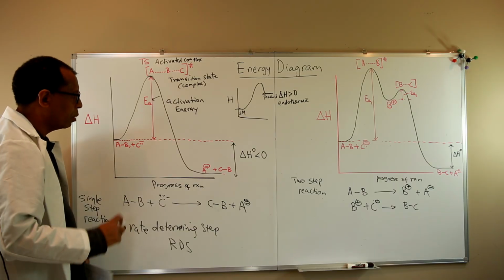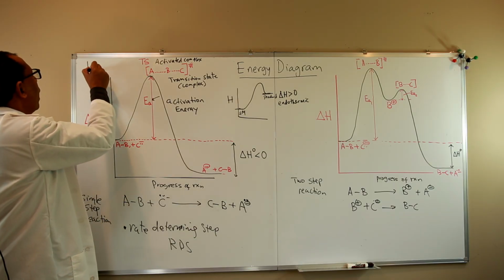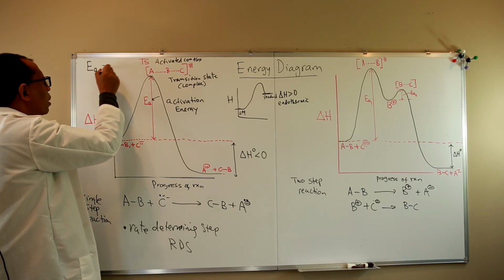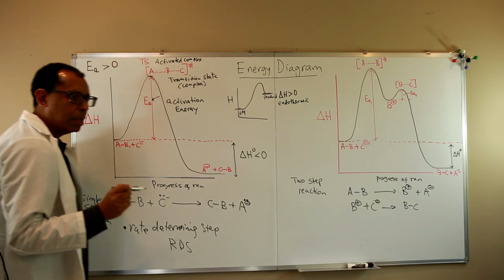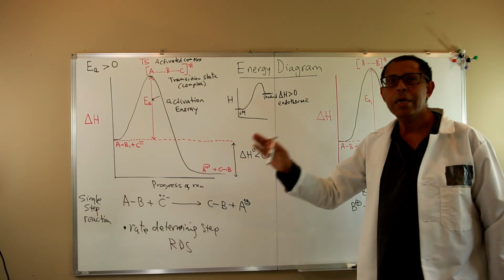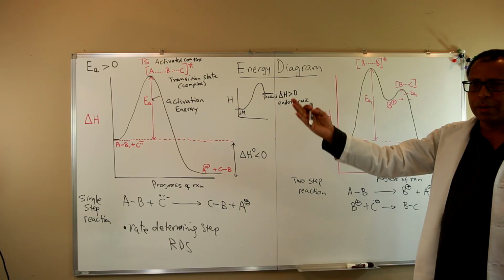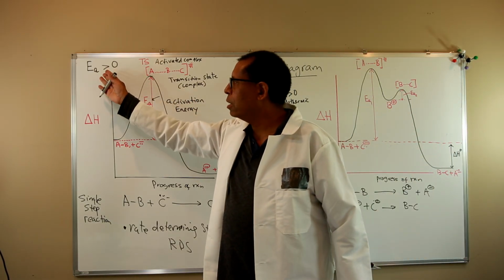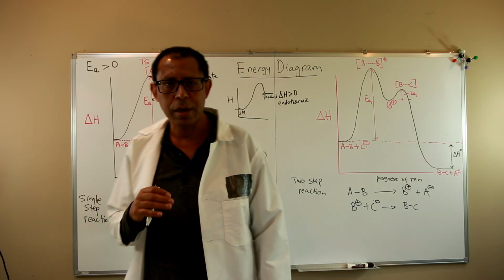One thing you have to remember is also EA, activation energy. The activation energy is always greater than 0, meaning that you have to put in that amount of energy. Somehow that reaction should be activated from an external source. Therefore, activation energy is always greater than 0.